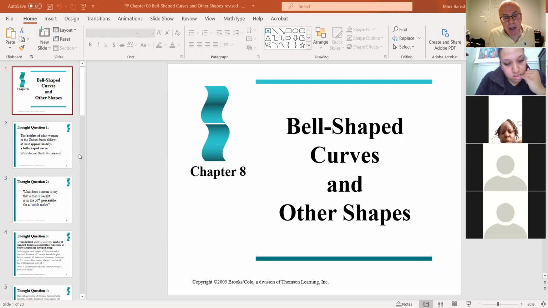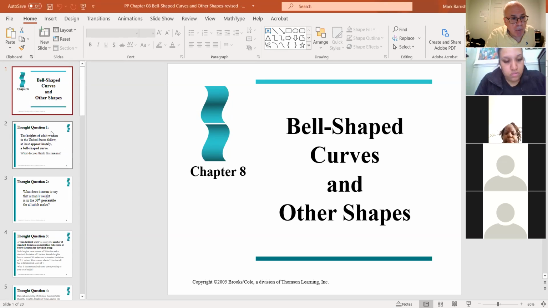If this was a regular statistics course, we would actually be doing many, many calculations using the TI-83/84 calculator with the bell-shaped or normal curve. It's another name for it. But in this course, we're not going to be doing as many calculations, and it's not as calculation intense as that other course is.